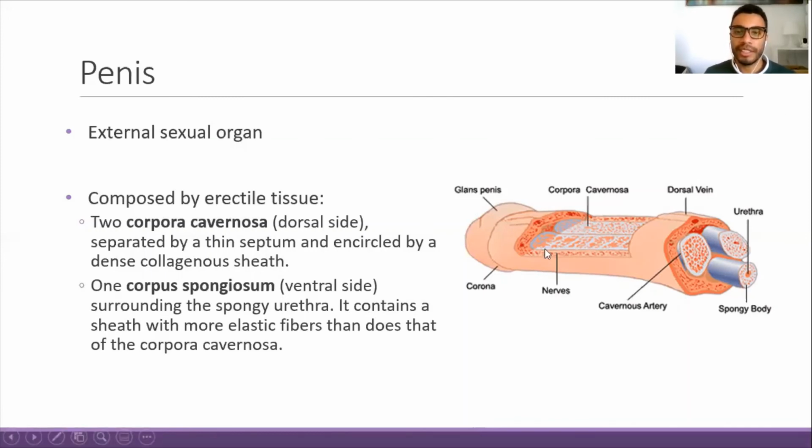Inside here, these erectile tissues are highly vascularized. So there are many vessels that contribute to the erection. When the vessels are dilated, the penis gets erect.